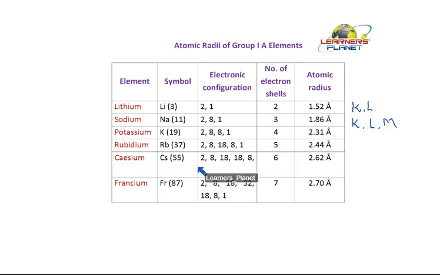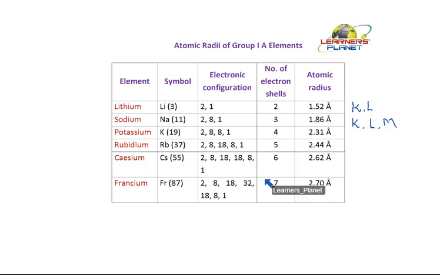The electronic configuration would be 2, 8, 18, 18, 8 and 1. The number of electron shells is 6. The atomic radius is 2.62. Likewise, francium, the atomic number is 87. There are 7 shells.